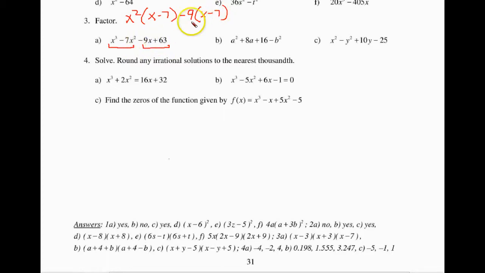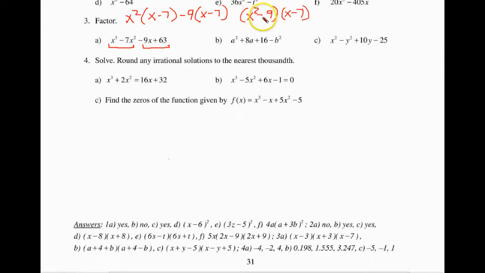Reverses the signs. Now we get x squared plus 9 from these two, and then we get a x minus 7. Now notice this is a minus. I got the wrong sign there. I said it but wrote something else.